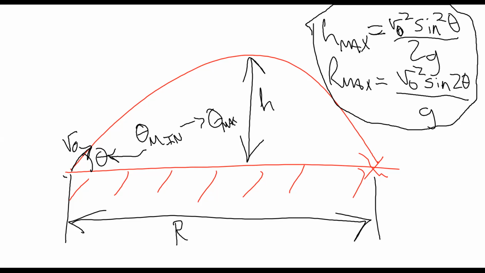So H max local is going to be V naught squared times sine theta. So that sine theta is also squared. I'm just going to add some parenthesis around it. And then all that is divided by 2 times g.